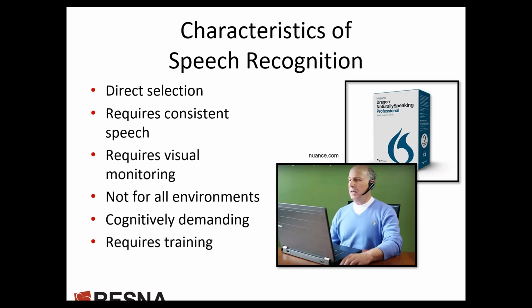Speech recognition. There are two types of speech recognition, but we only use the one anymore. There's discrete and continuous speech recognition. Discrete was the original type of speech recognition, and you had to talk like this.